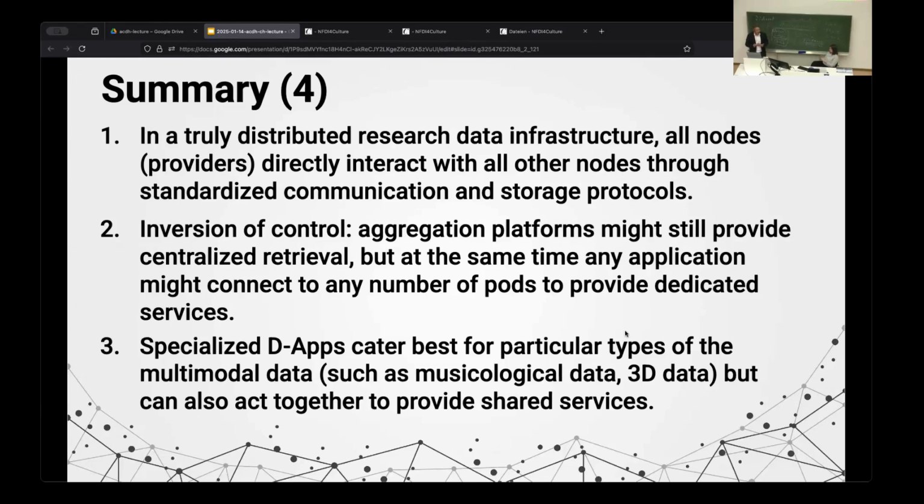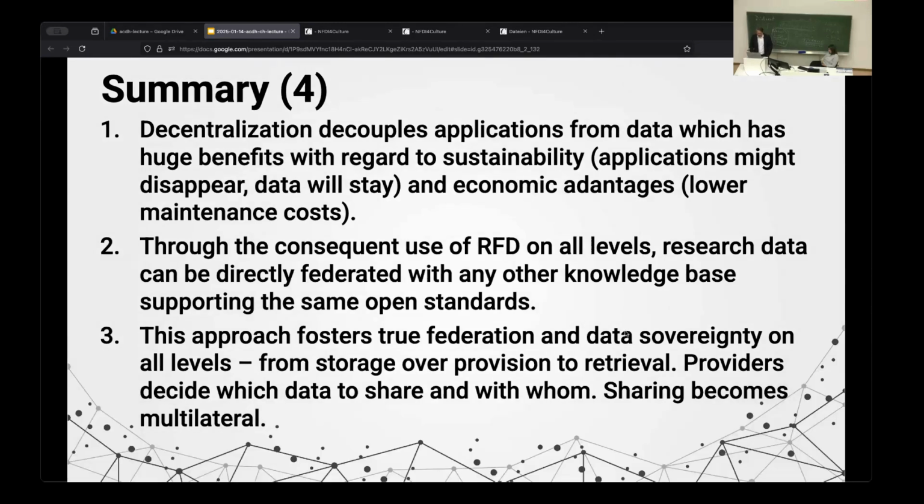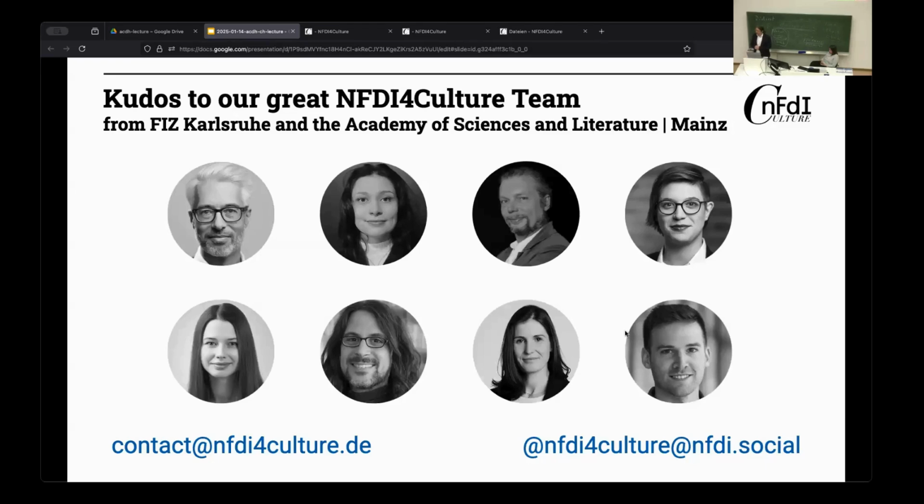And this will also, in a way, lower maintenance costs, because everybody can participate in this network. Everybody can, in a way, provide applications that use a certain amount of ports. And so this approach, in my personal opinion, fosters true federation. I think the way to go would be that sharing of research data would become multilateral. And that's the end of my talk.